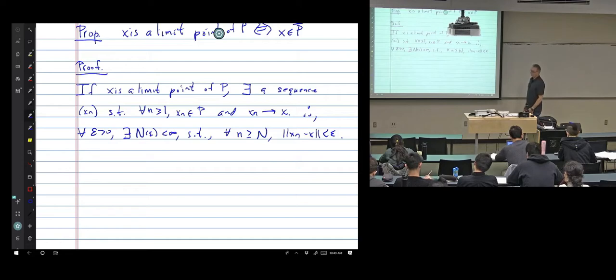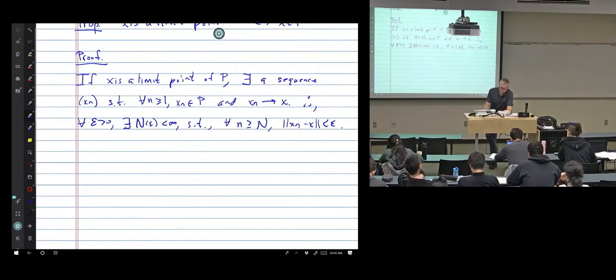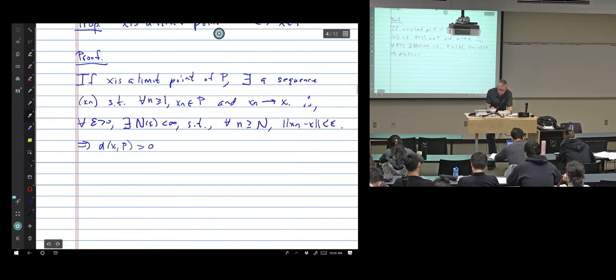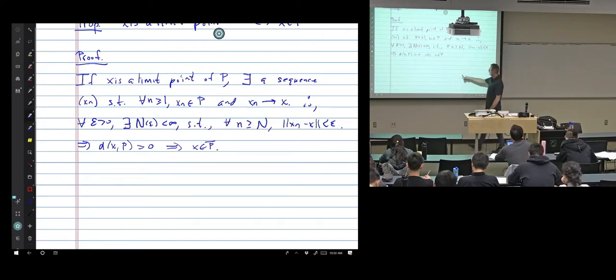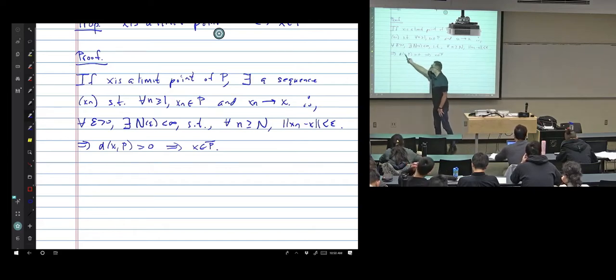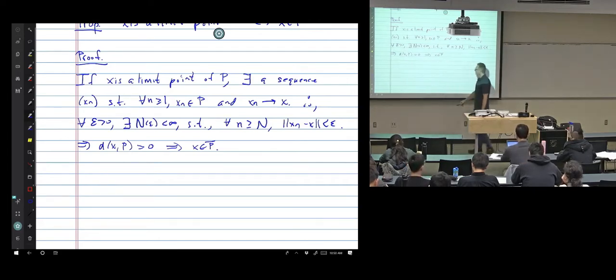I can't even call it a copy and paste error, but my brain did a copy and paste error. Okay, thank you. And so this means the distance from x to P equals 0, and that implies x is in the closure of P, okay? Because we've characterized the closure of P as the set of all points whose distance from P is 0.